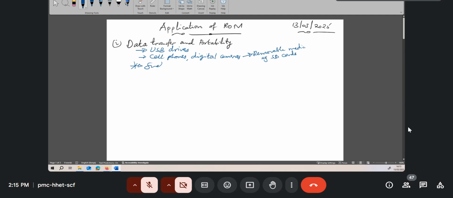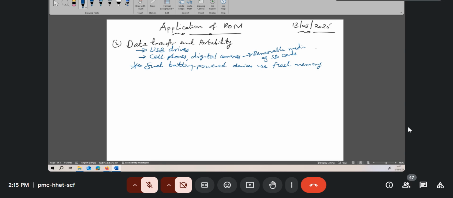And what's the reason for that? The characteristics of flash memory that make this favorable.